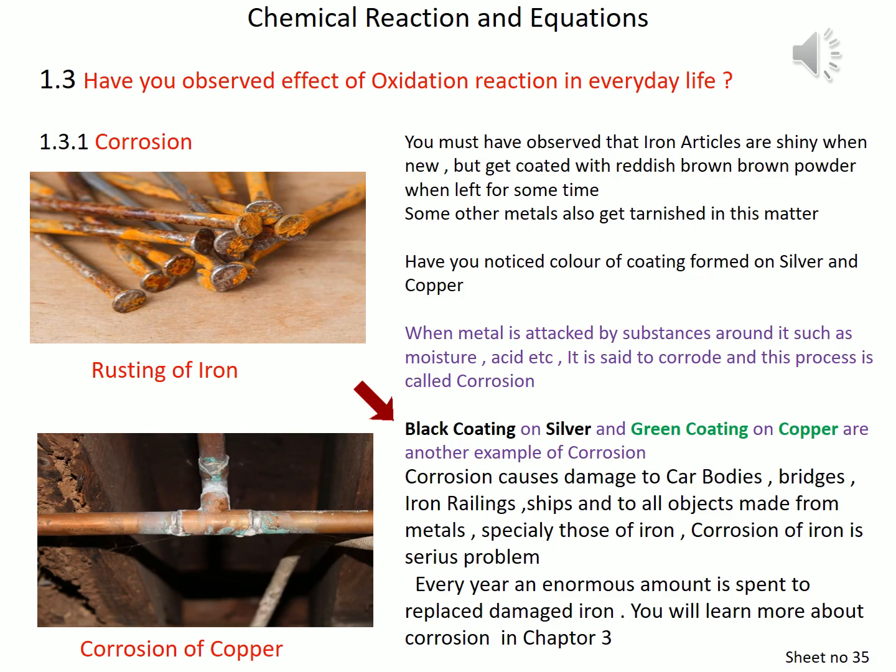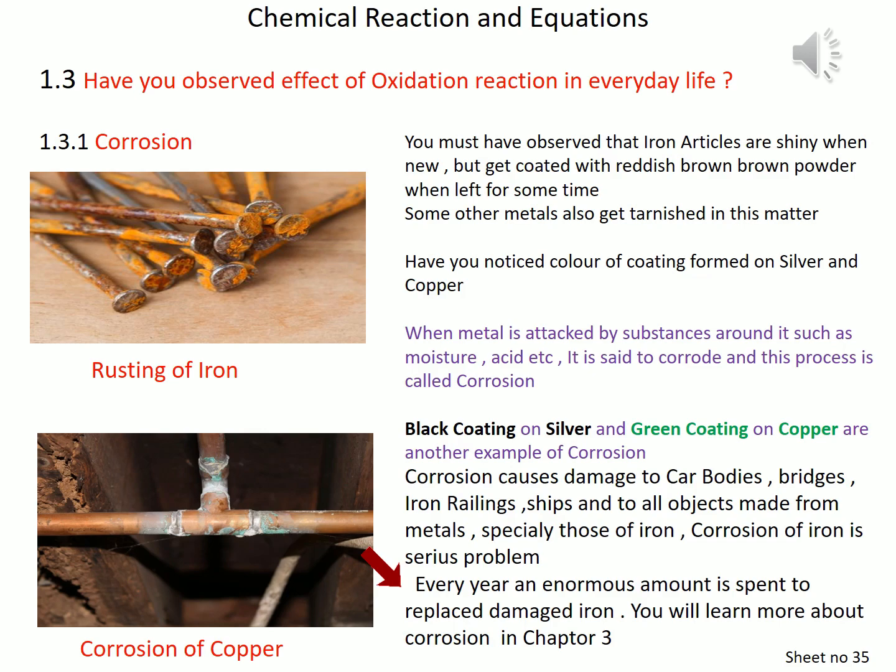Corrosion causes damage to car bodies, bridges, iron rails, ships, and all objects made from metal, especially iron. Corrosion of iron is a serious problem. Every year, an enormous amount is spent to replace damaged iron. You will learn a lot more in further chapter 3.